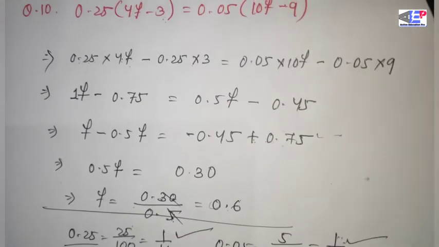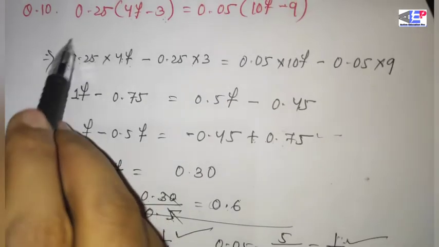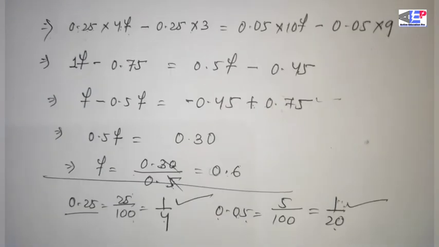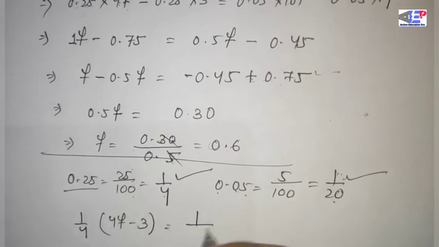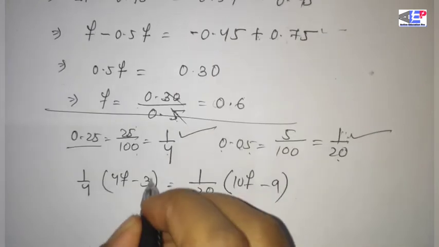As per the question, 1 by 4 multiplied with 4f minus 3, equals 1 by 20 with 10f minus 9. This is the fractional form.